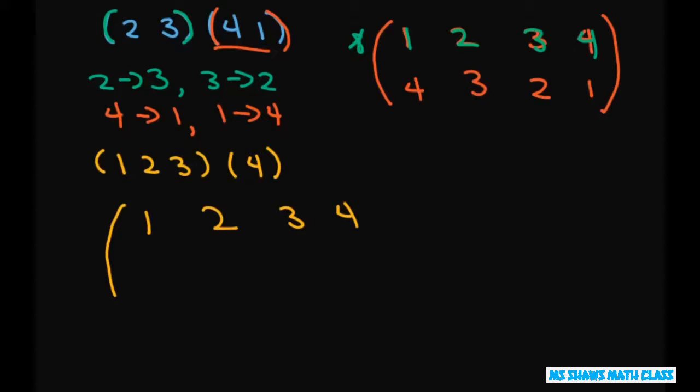All right. So let's read it. 1 maps to 2, 2 maps to 3, 3 maps back to 1. That's why this gets closed up, because it maps back. 4 is unchanged, so that means 4 just goes to 4.